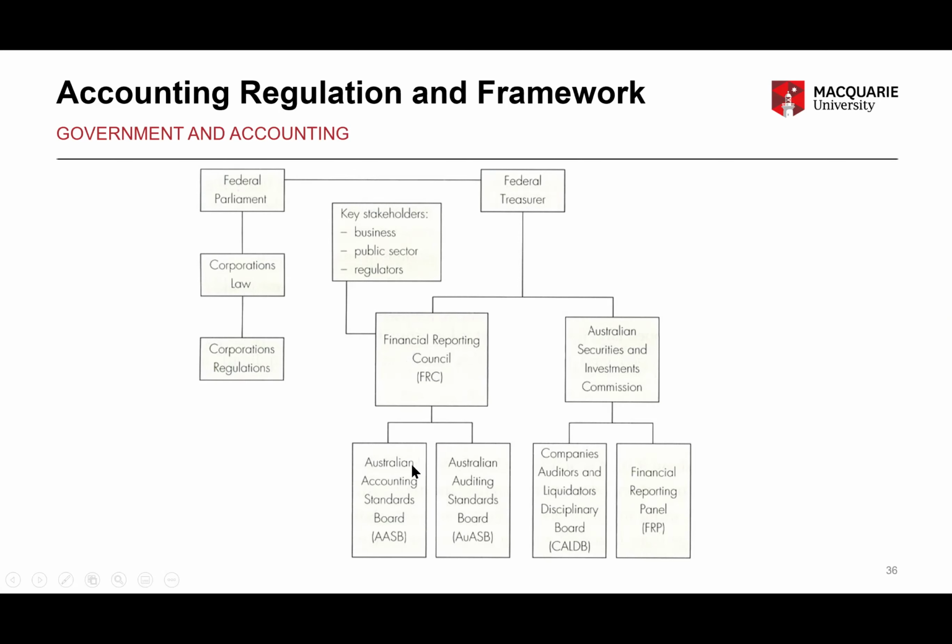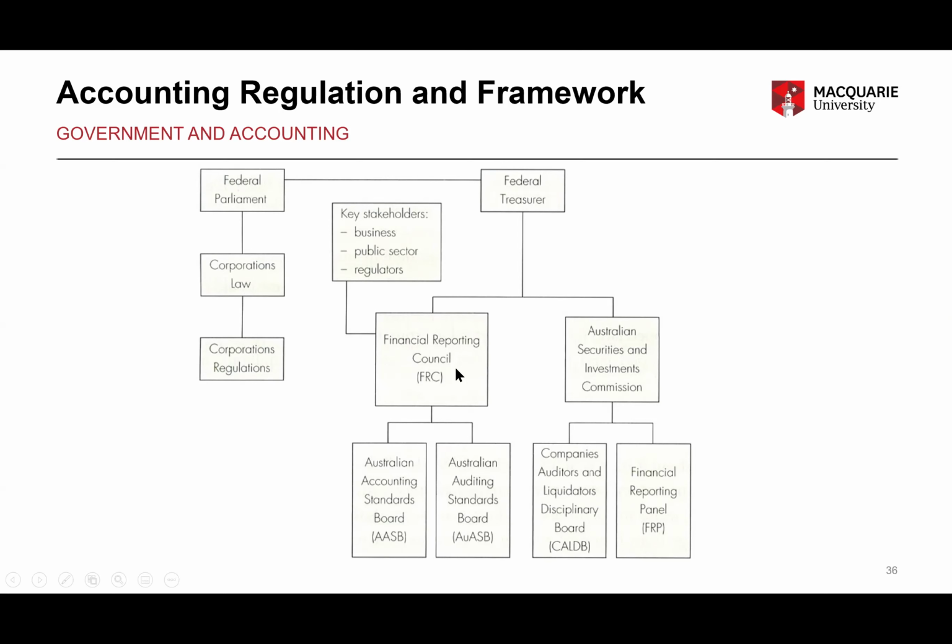So in Australia we have a set of accounting standards, which is based on the International Financial Reporting Standards, and these are set by the Australian Accounting Standards Board. We also have an Australian Auditing Standards Board, which regulates auditors. Both of those are in charge of setting the standards relating to financial statements and to auditing, and they are overseen by the Financial Reporting Council.